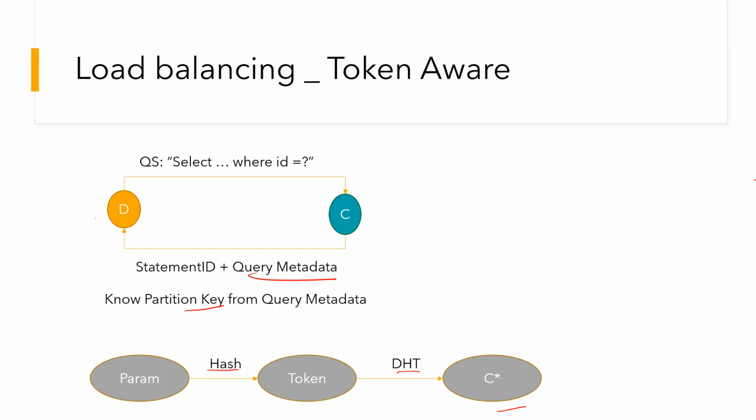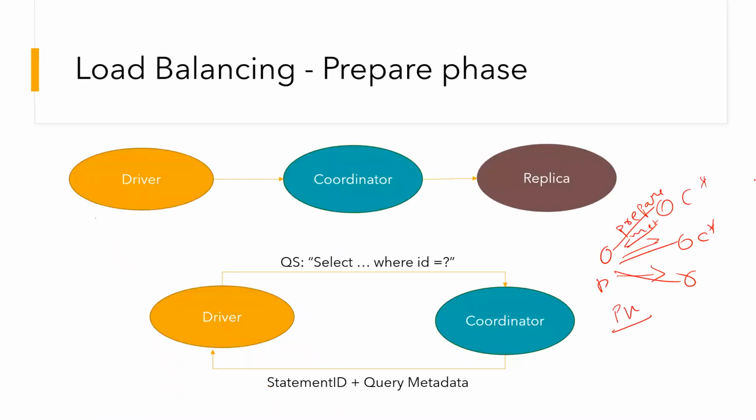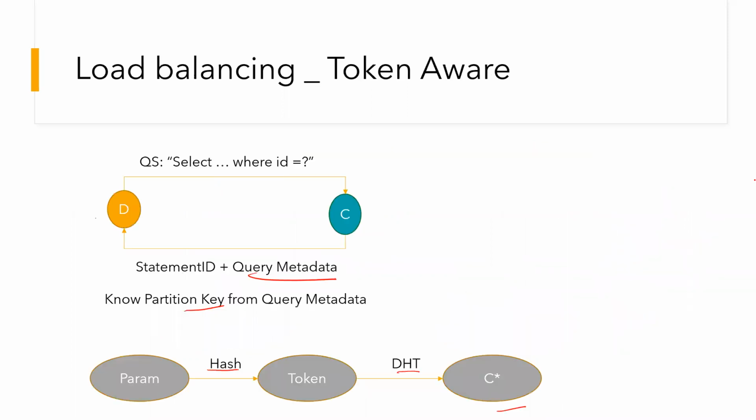In the prepare phase, the first thing the driver does is go to the nearest available node and request metadata, and then it goes to the respective nodes if you are using a token aware policy.